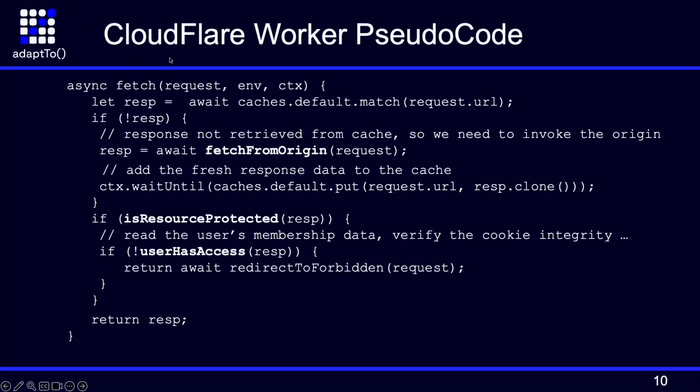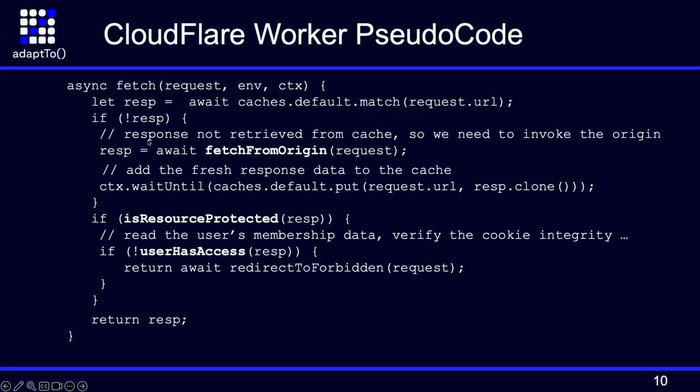In a Cloudflare Worker, every request passes through the fetch function. And from there, we have a lot of possibilities, but also we need to take care of a lot of things ourselves. So for example, first, we need to check ourselves if the resource is already in the CDN cache.